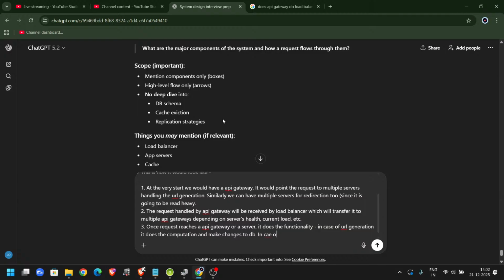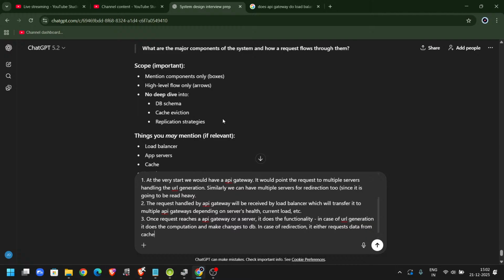In case of redirection, it either requests data from cache or database.